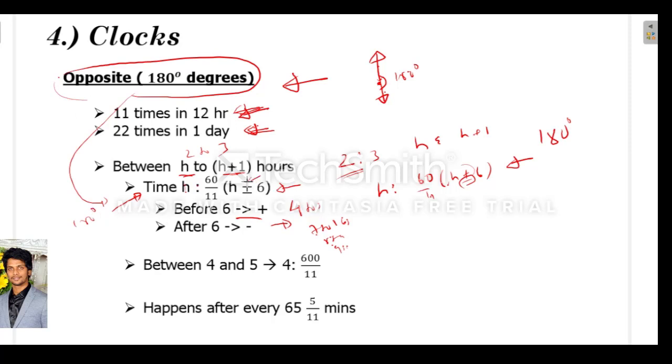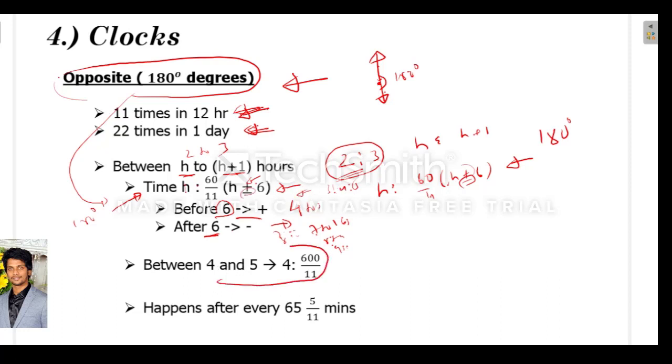So we will take the plus sign when the time is less than 6, like between 2 to 3 or 4 to 5 or 3 to 4. If the time is after 6, like between 7 and 8, between 8 and 9, we will take minus. So this will be the formula.